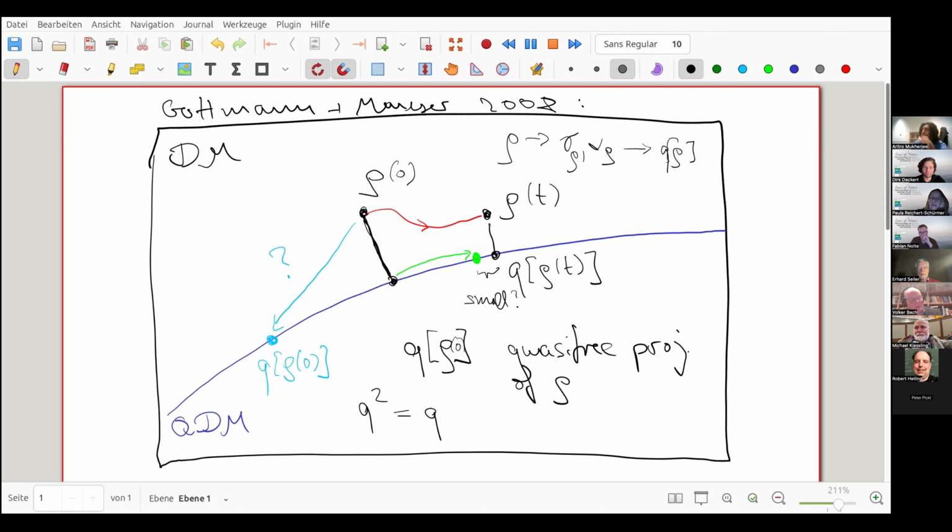Together with Frederick Klopp and Heribert Senk, who's actually in Munich, you may know him, we have analyzed the photoelectric effect.